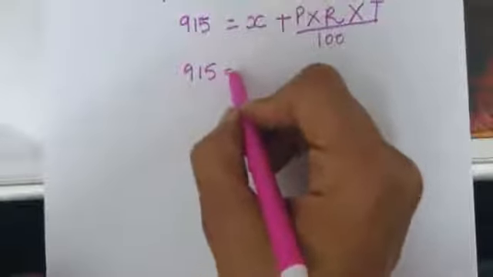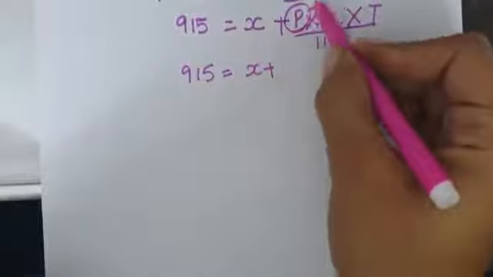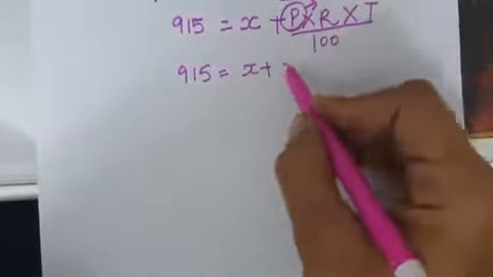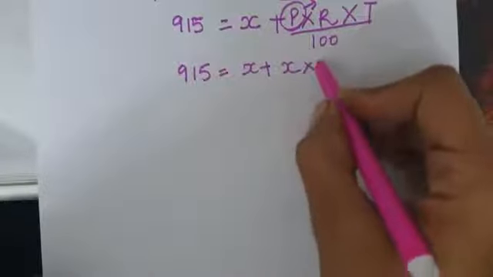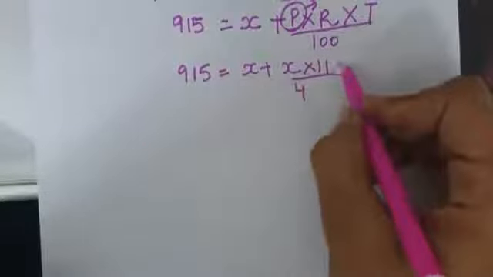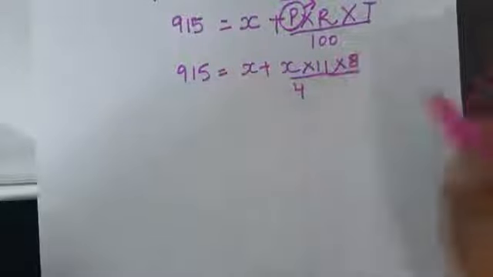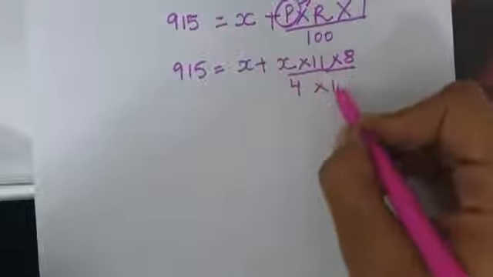Now 915 is equals to X. Here also we can take P as X. Multiply what is rate of interest? 11 upon 4. Multiply what is time? Time is 8 years. Multiply upon 100.